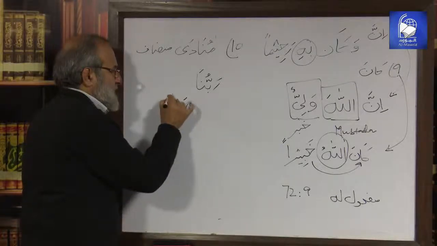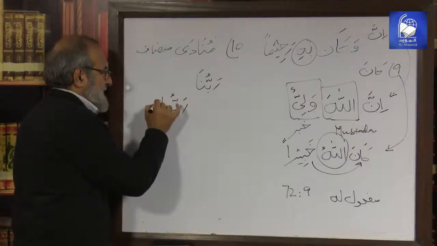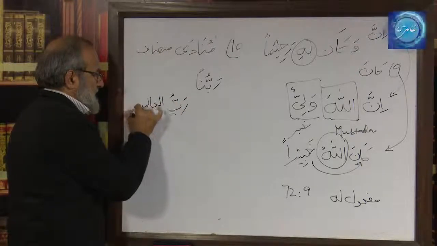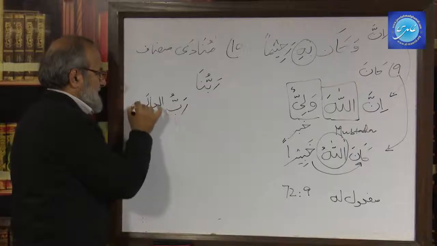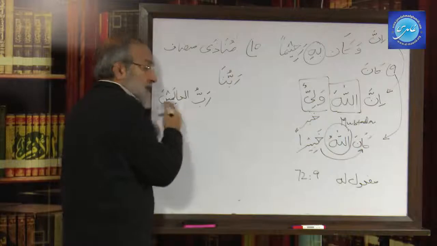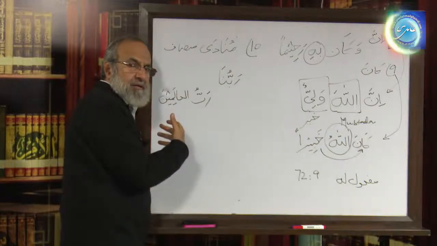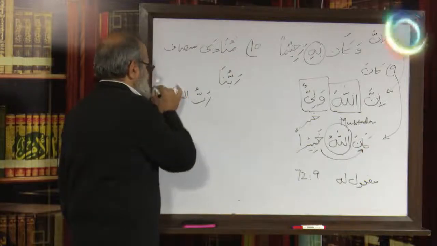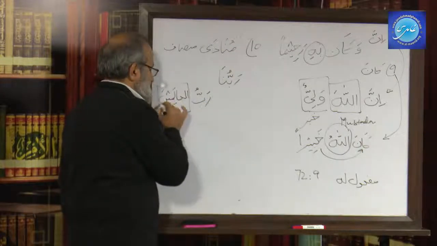The Almighty quite often mentions Rabbul Alameen, the Lord of all humanity. Alameen means those who are living in this world, the entire existence of humans.